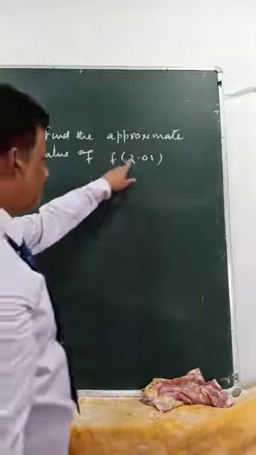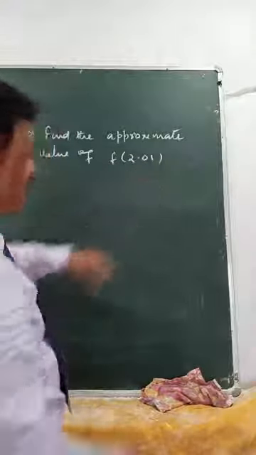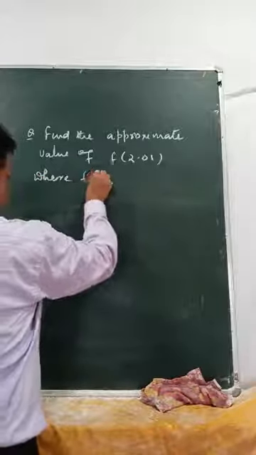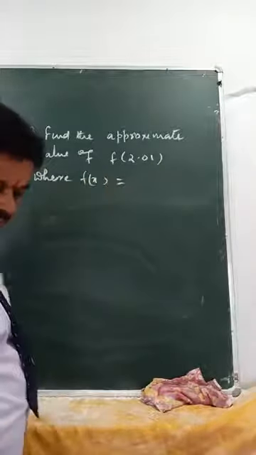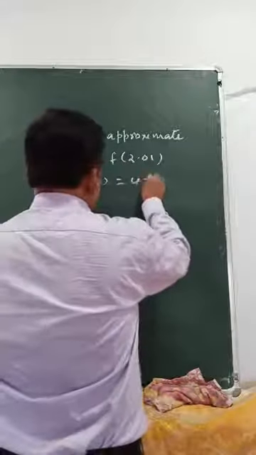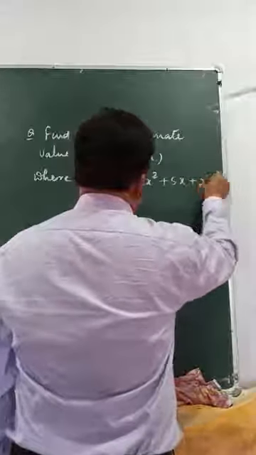That means f of x plus delta x. You can distinguish from here, where f(x) is given as 4x square plus 5x plus 2.